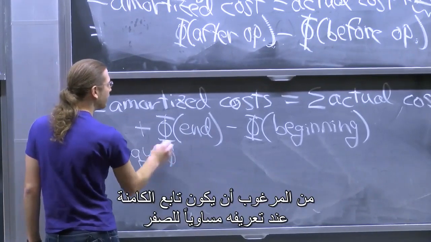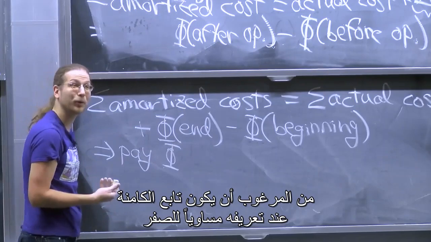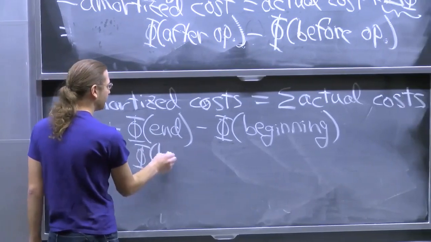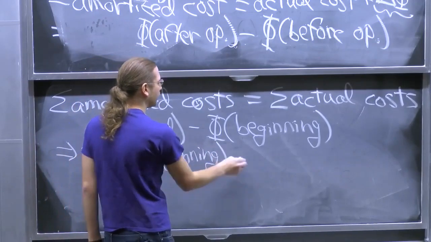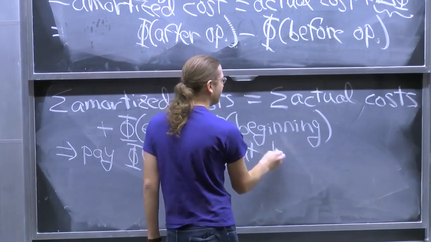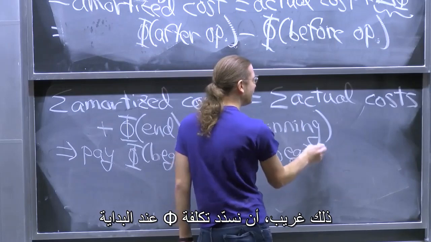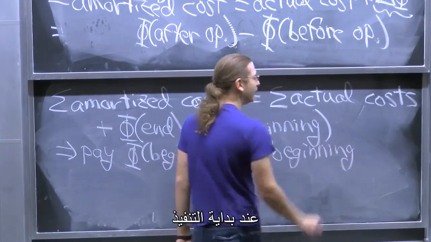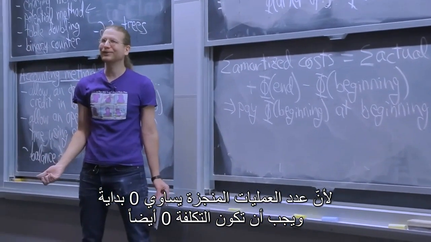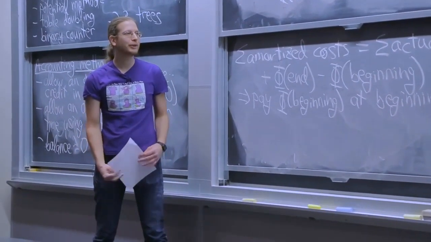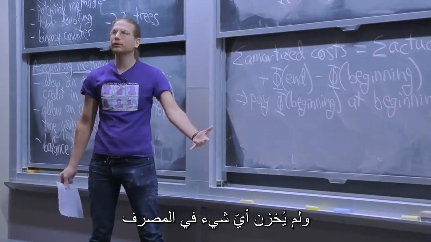So when you define a potential function, you'd really like it to be 0 at the beginning. This is funny, but you pay fee of the beginning state at the beginning of time. And when you've done 0 operations, you really like the cost to be 0. So you don't want to have stored stuff in the bank.